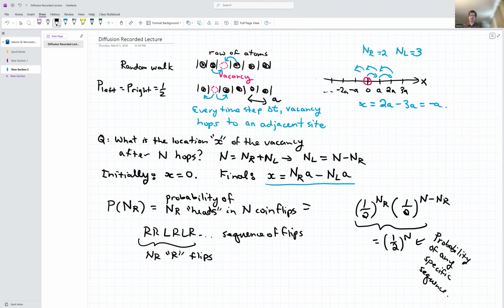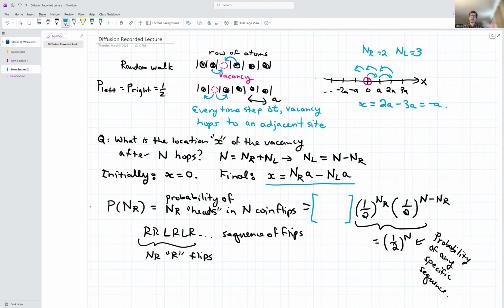Okay, so then what do we multiply by? We need this number out in front that describes the total number of sequences that have n sub r right flips. So if we have a particular sequence, we want the total number of rearrangements of the flips.